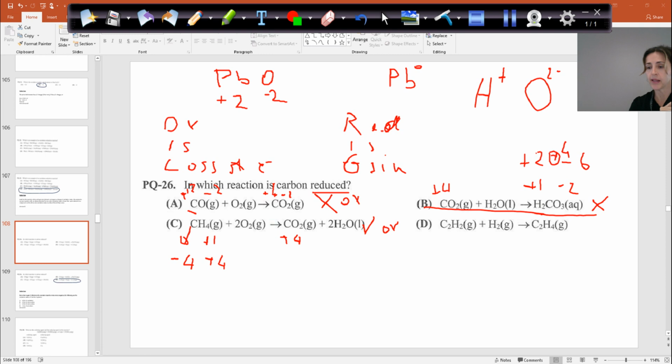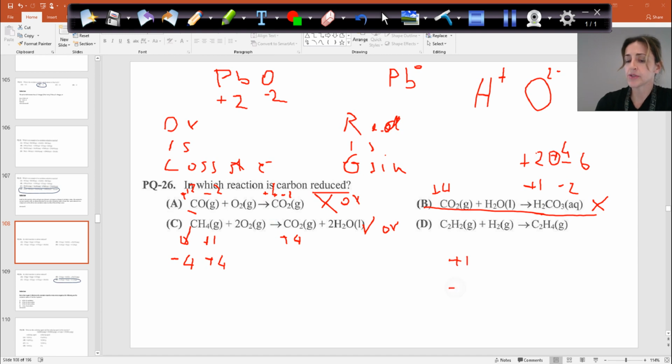And then, well, we kind of hope this is it, right? Because we have run out of options here. So let's do the oxidation state of carbon in C2H2 and C2H4. And if you had some organic chemistry background, this reaction would be much easier because you can tell right away. So each hydrogen is plus 1, right?